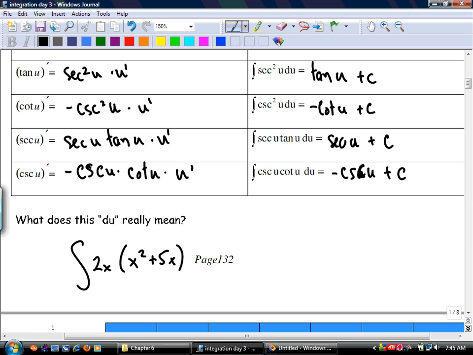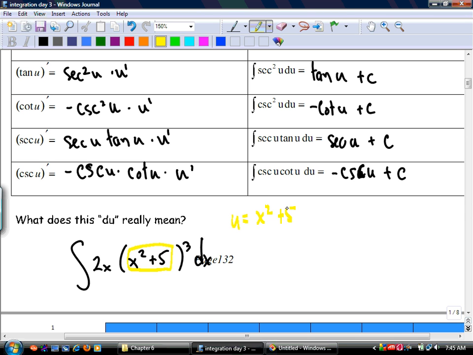It was to change something that was really hard into something that was not really hard. What are you going to let u equal? x squared plus 5. So u equals x squared plus 5.